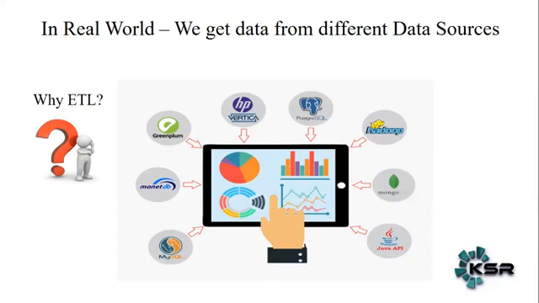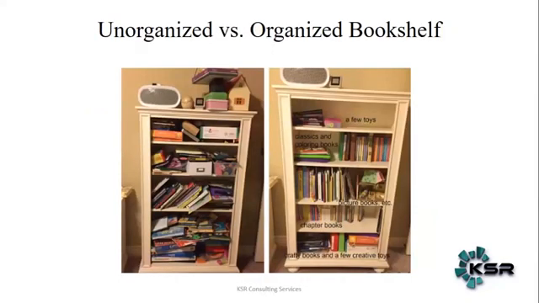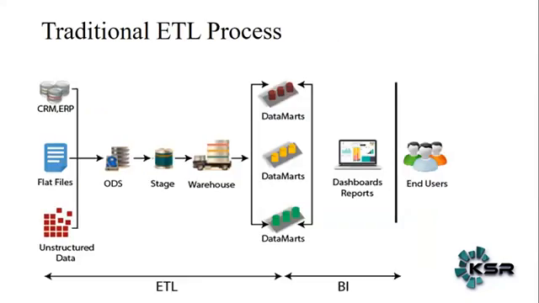Now, don't worry, because we already have some tools that are doing this for us. Today, we are all doing manual work, right? In KSR, each one is collecting one file system, and we are doing it. Now we'll talk about the traditional ETL process. The meaning of the traditional ETL process is the one which is already existing.